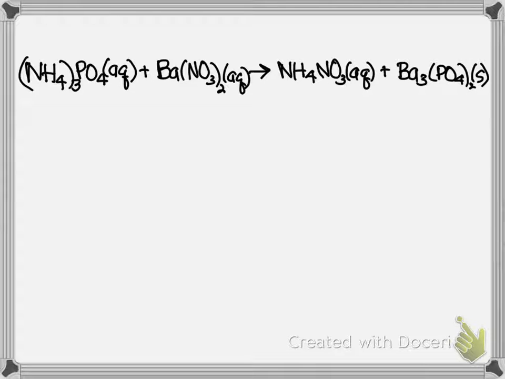And if it were myself, when I balanced it, I would balance the polyatomic ions instead of breaking everybody down. It will be so much harder if you break everybody down. But since the polyatomic ions stay together in the reactants and products, you can balance them. So let's try it that way, because I think as you get better at balancing, you can figure this out. So barium is one thing.